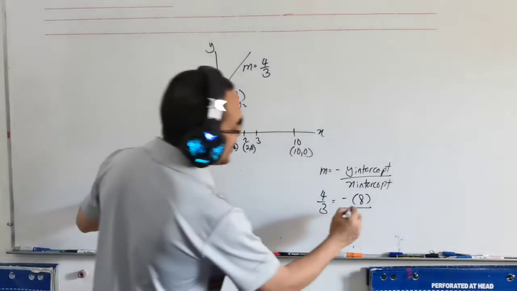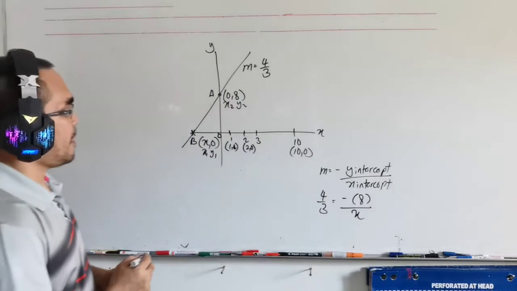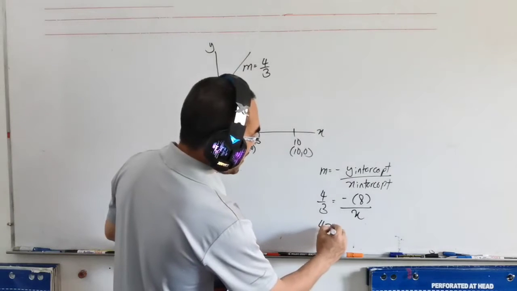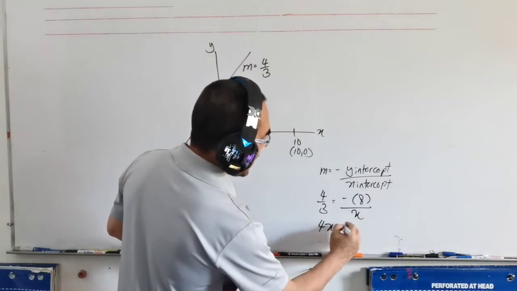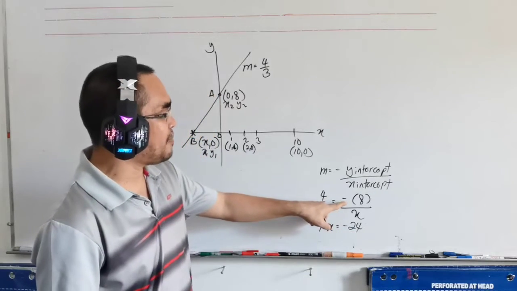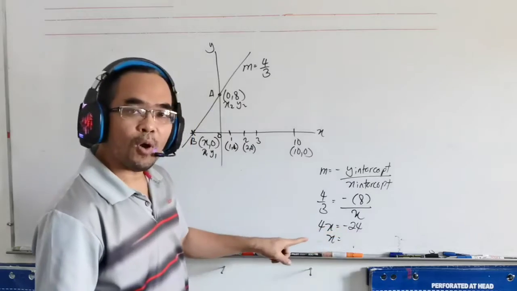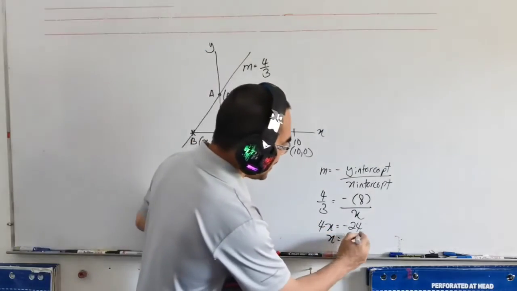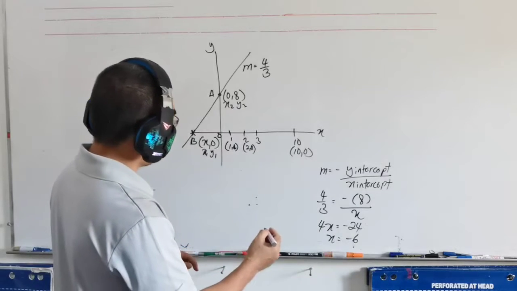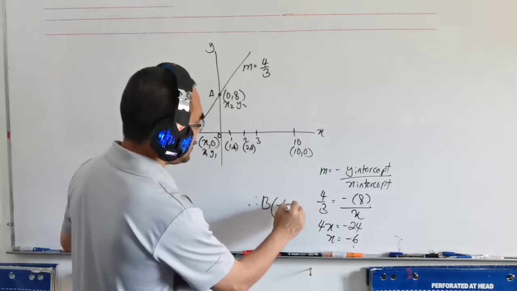X-intercept you just write down as x. Then cross multiply. So you get 4x equals negative 24, because 3 times negative 8. So x will be negative 24 divided by 4, which is negative 6. So therefore the x-intercept, or B, will be negative 6, 0.